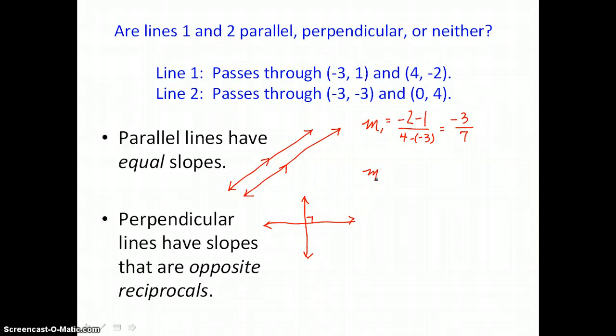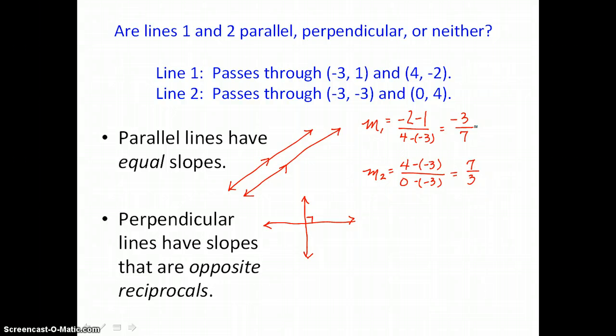Now the slope of line 2, which I'll call m sub 2, is equal to difference in y coordinates on top, 4 take away a negative 3, and difference in x coordinates on the bottom, 0 take away a negative 3. So on the top we have 4 plus 3, which is 7, and on the bottom we have 0 plus 3, which is 3. So we get a slope of 7/3.